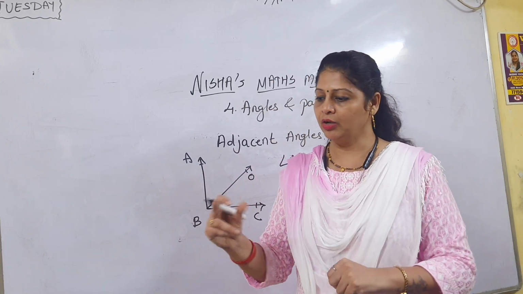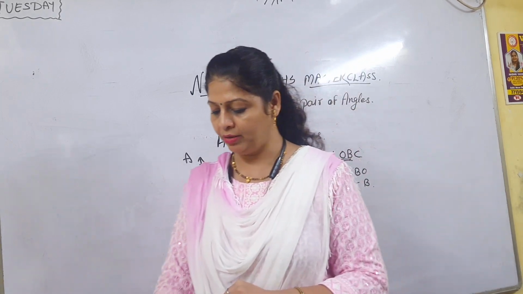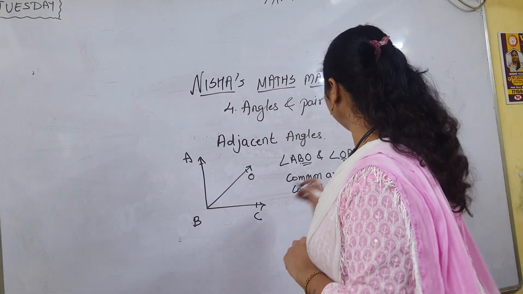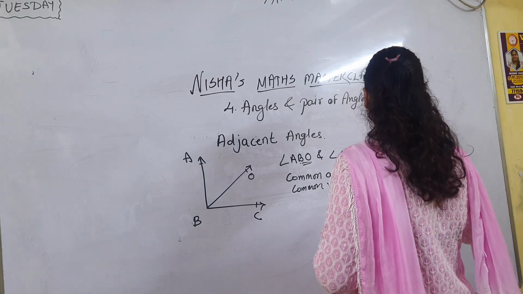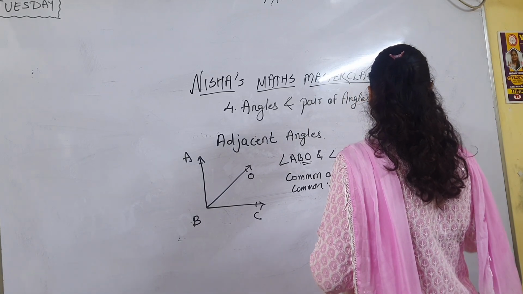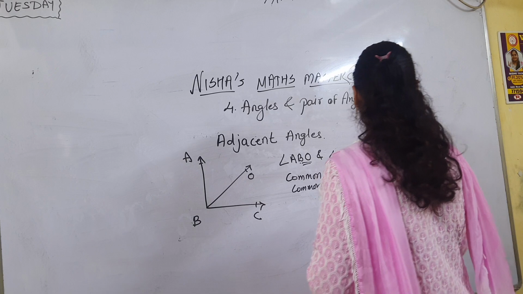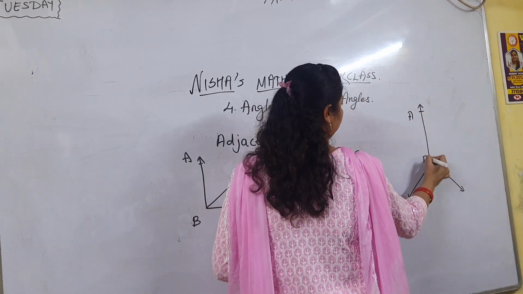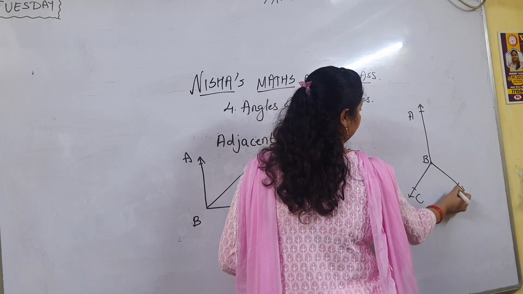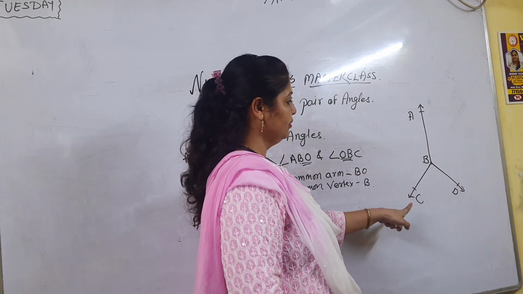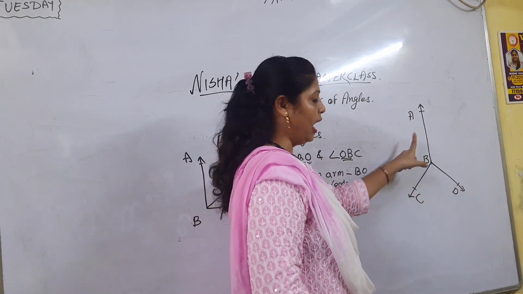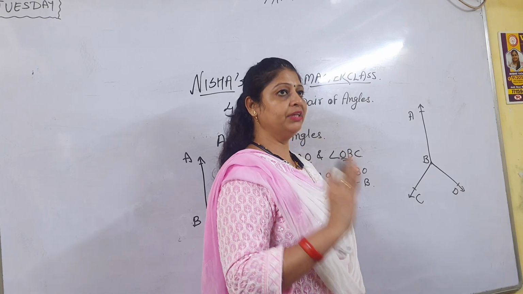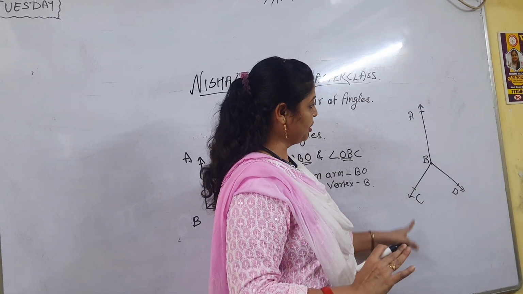Understood everyone? Now question number 2 in practice set 15, they have given a diagram like this, for example A, B, C and D. Now see children, how do we write the names of the adjacent angles? Pay attention here.